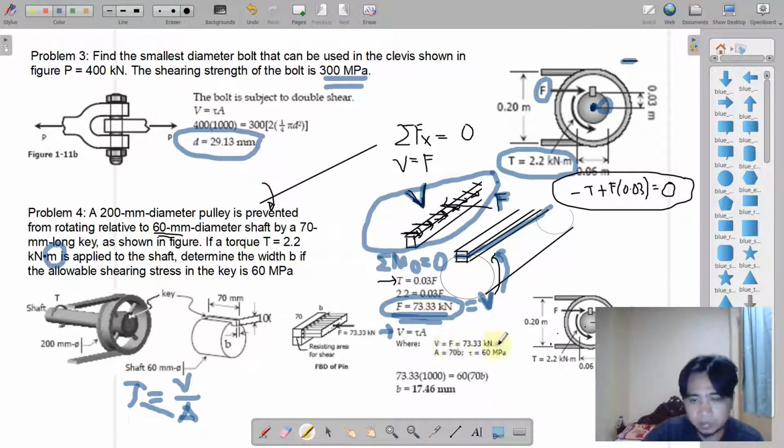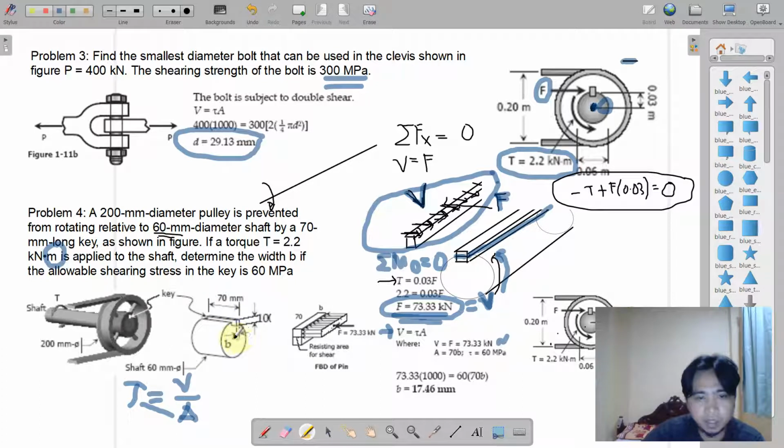Okay, so where V is equal to F, 73.33 kilonewtons, and then the area. What is the shear area? The cut area. And what is the cut area? B times 70. 70 here is the length.